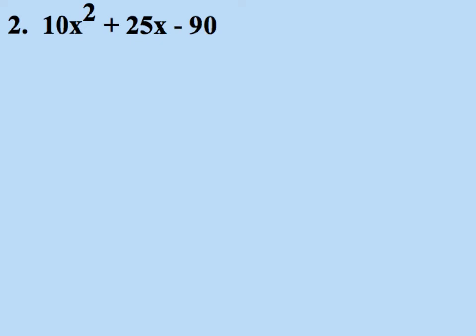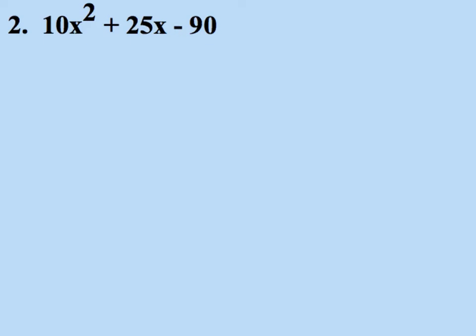Here's my next example. I need to factor 10x squared plus 25x plus negative 90. So if I go to start factoring it right away using the distributive property or the grouping method, it tells me I have to multiply 10 times negative 90. That's negative 900.